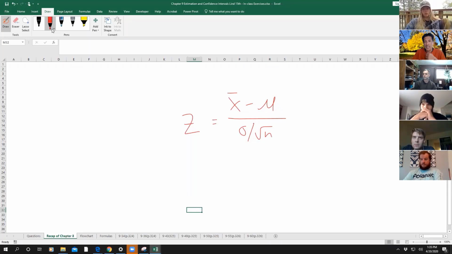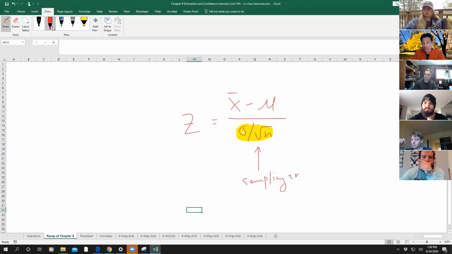So we looked at the distance between a sample mean and the population mean, and we call that the sampling error, and converted that distance into a standardized z-score where we divided the sampling error by what we call the sampling error of the mean.